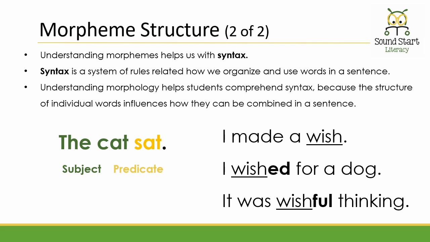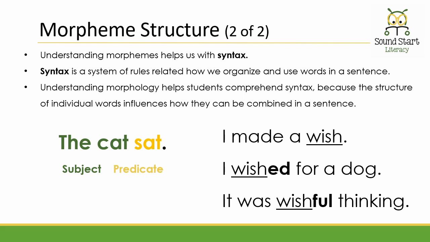The word wish has the suffix ed and is the verb or the action in the sentence. And then in the third sentence, it was wishful thinking. Here we've added the suffix ful to the word wish. Now, by adding this suffix, which means full of, it changes the word into an adjective, which is a describing word. So wishful thinking, wishful is describing the word thinking.